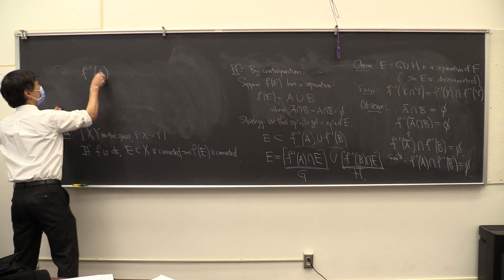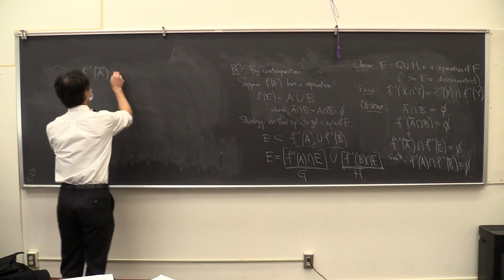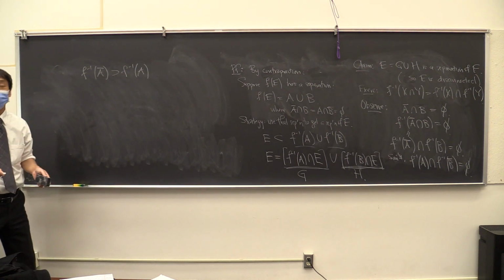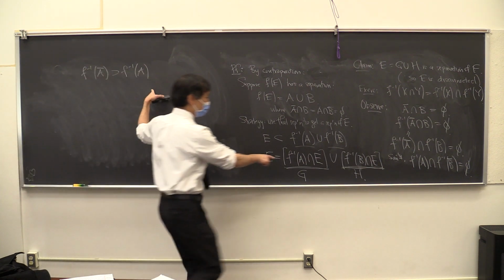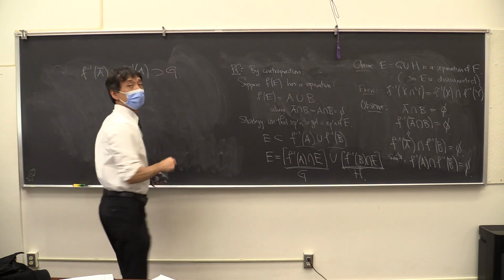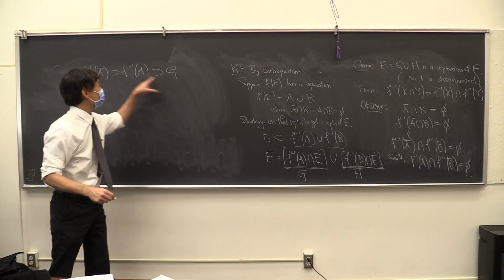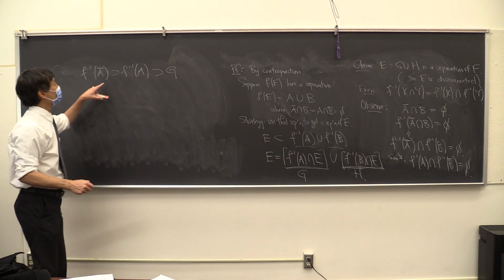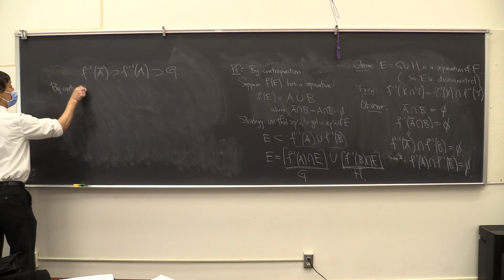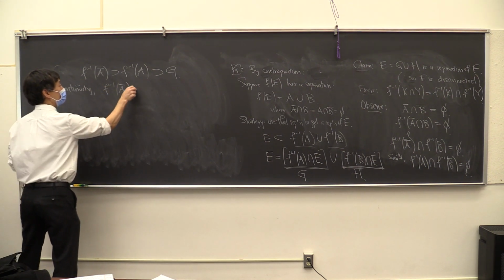F inverse A bar certainly includes F inverse A, right? F inverse A includes G, because G is the intersection of that with E. But notice, by continuity, F inverse A bar is closed.